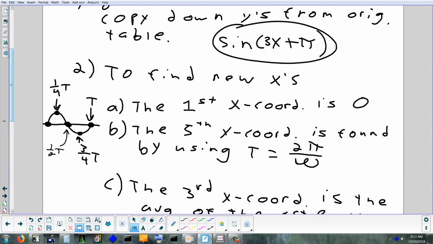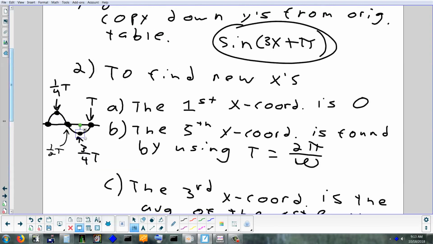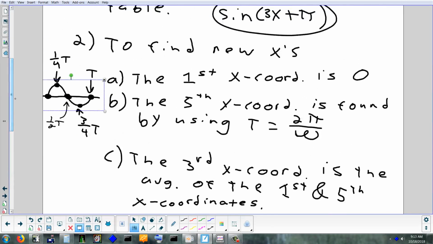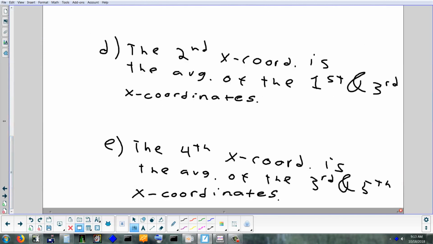Quarter of the way through the cycle, halfway through the cycle, 3/4 of the way through the cycle, t, all the way through the cycle. Or another way to think of it is that this one is exactly halfway between the third and the fifth, so it's just the average of the third and the fifth, which will be 3/4 of the way through the cycle.